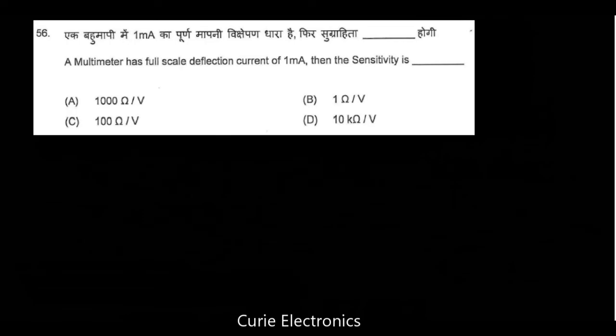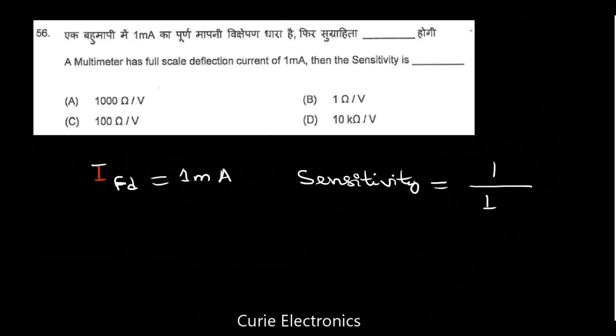Question number 56. A multimeter has full scale deflection current of 1 milliamps. So full scale deflection current, IFD, equal to 1 milliamps. Sensitivity of the meter is given as 1 upon full scale deflection current.